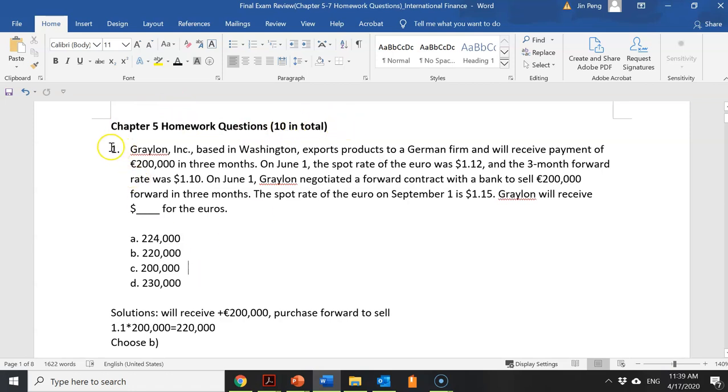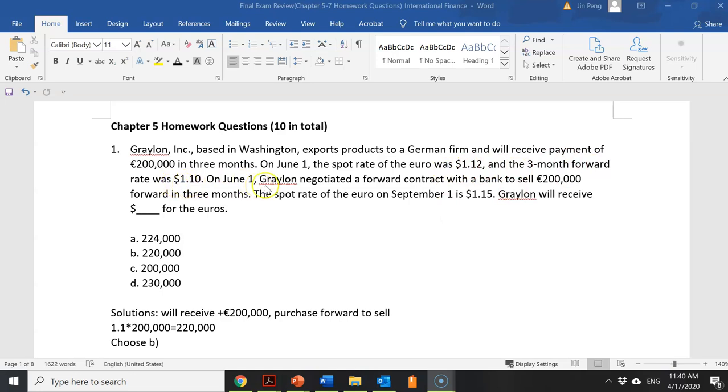The first question says, we have a firm based in Washington, exports products to a German firm, and will receive payments of 200,000 euros in 3 months. On June 1st, the spot rate of the euro was $1.12, and the 3-month forward rate was $1.1.